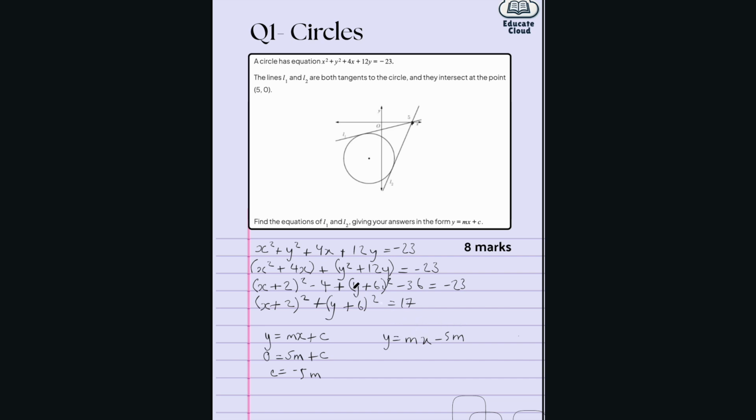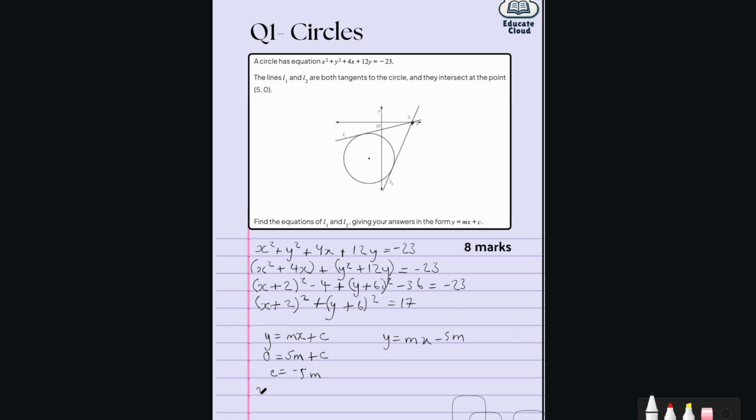Now we can sub that into our original expanded form, because that is going to give us a quadratic. So that's substituting it into the circle equation, and then using the discriminant, because we know it touches at one point, so we make b squared minus 4ac equal to 0.